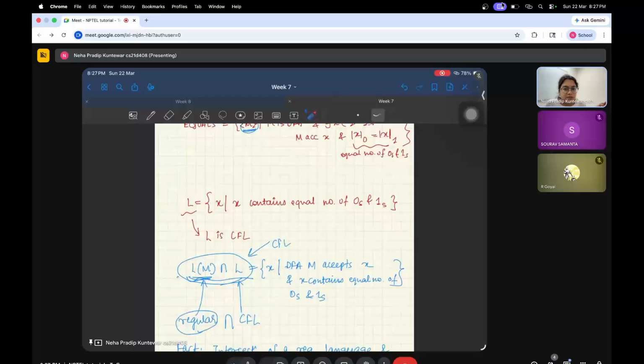We can always come up with a PDA which checks whether the number of zeros in a string is equal to the number of ones or not. Yes. So I have two machines, one is a DFA, the other is a PDA, and by cross product construction you can come up with a PDA for the intersection language.